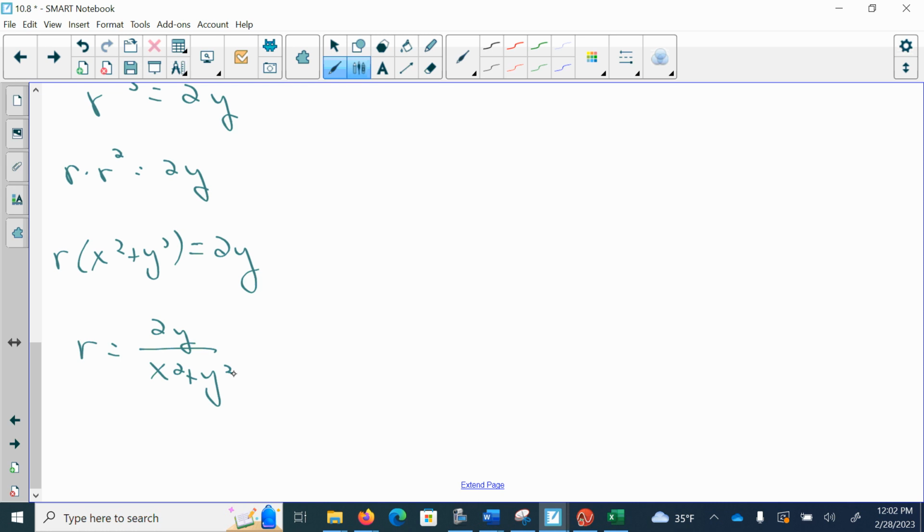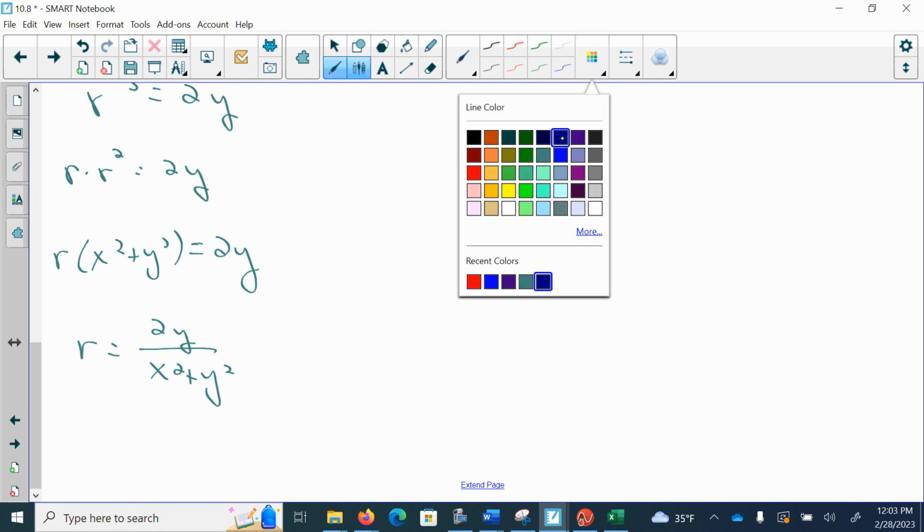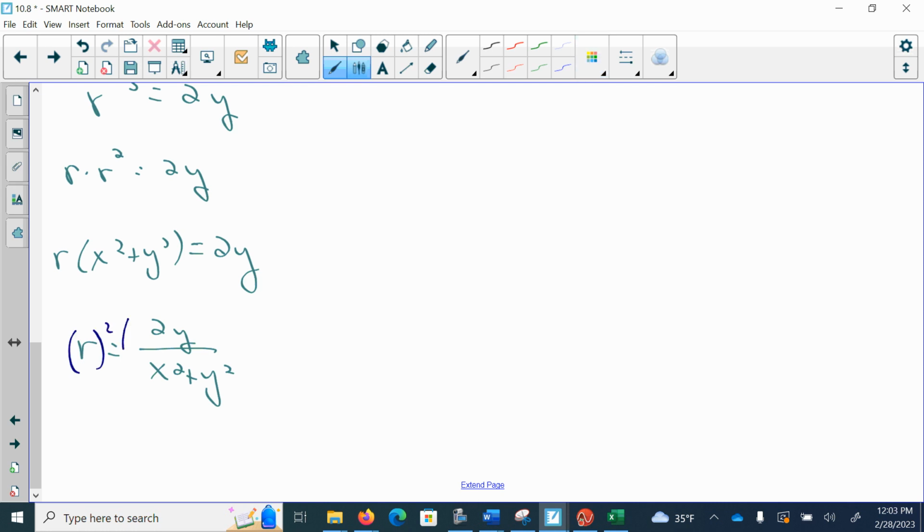So I have r on one side by itself, but I still don't have it done. I need r to be either with a trig function, which I really don't want to add to the right side. So the easiest way for me to do this would be to square both sides. It's not going to be pretty, I'm not going to lie. It's going to kind of be ugly. So if I square both sides, this is going to be r squared is equal to 4y squared in the numerator, and then I'm going to make the denominator x squared plus y squared, squared.